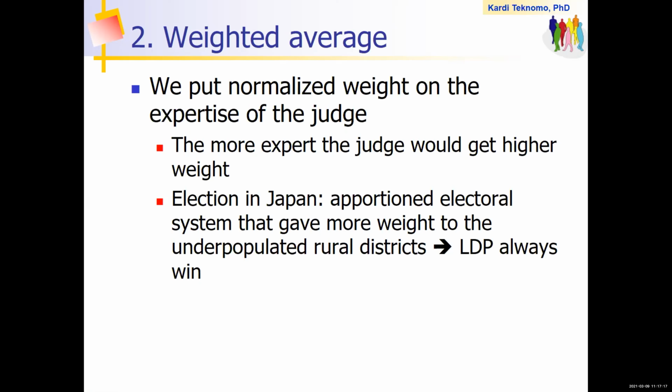It will give more weight to underpopulated rural districts. It means a farmer, say for example, will get 5 weight. Normal people, in the other family, not farmers, will get only 1 weight. So the LDP is practically the farmers' party. That's why they always win, because the weight is not the same.